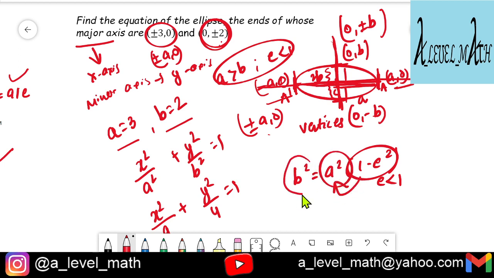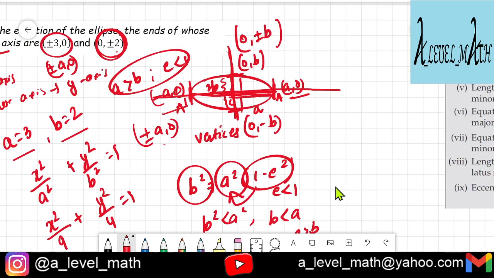That is why b square is always less than a square. So if b square is less than a square, then b should be less than a, or equivalently a is greater than b. So always remember, for any type of ellipse, we always have a to be greater than b and e to be less than 1. These are the key takeaways for now.